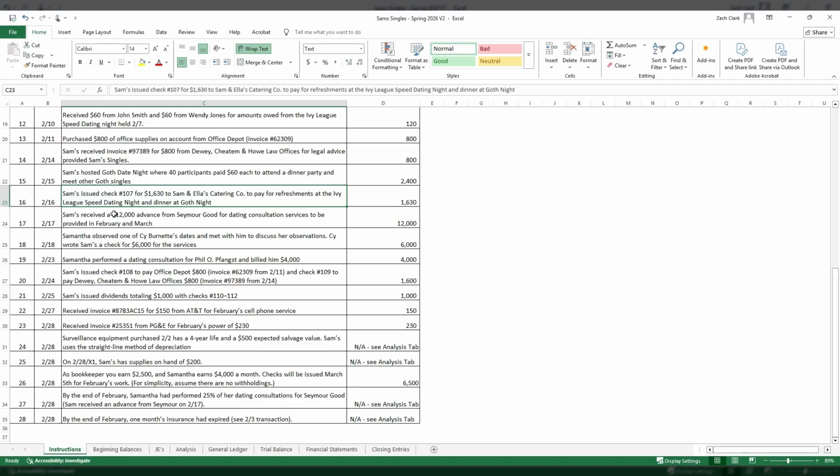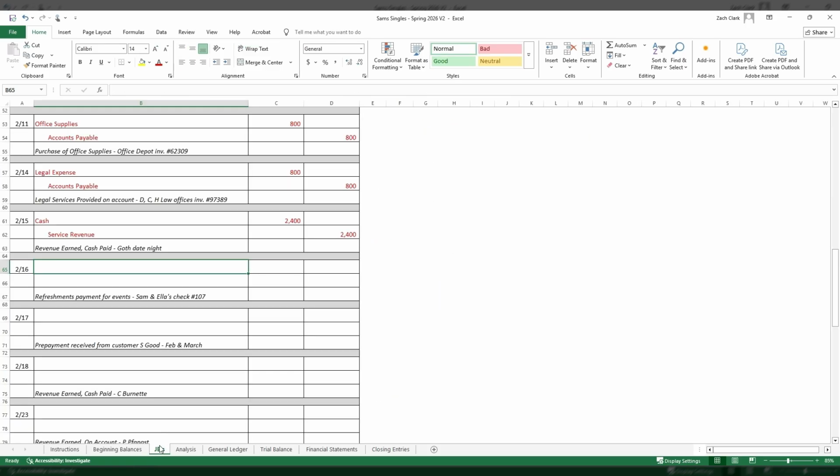Transaction 16 as well. Okay, so here we are, we're making a payment to a catering company. They had provided refreshments for us at our dating events. And so we're going to go ahead and use event expense.